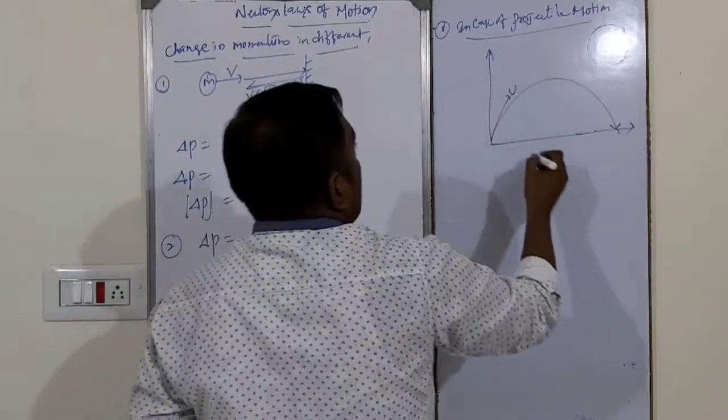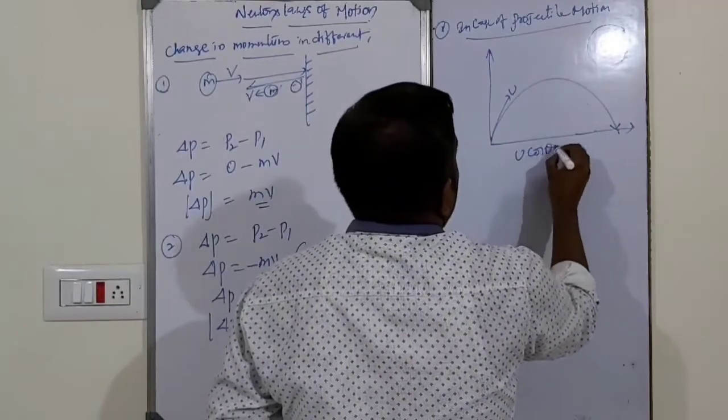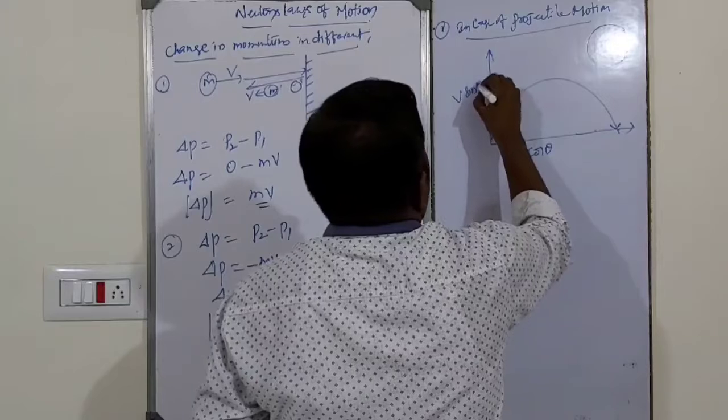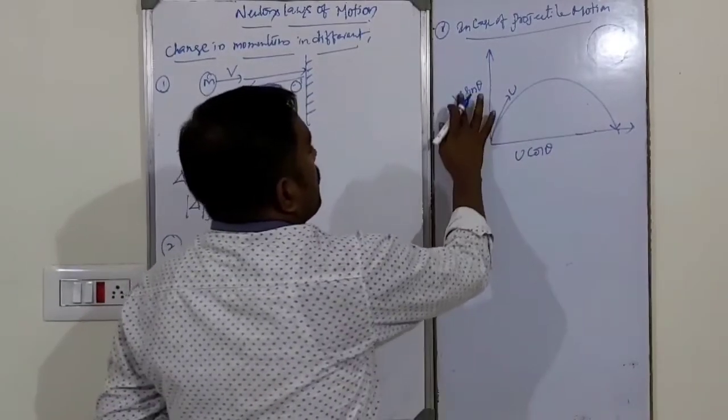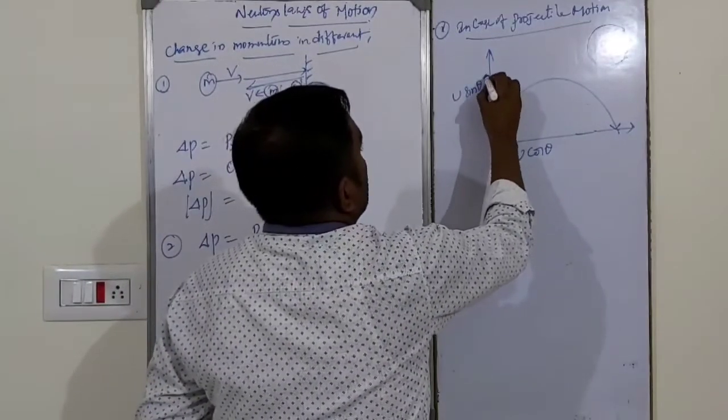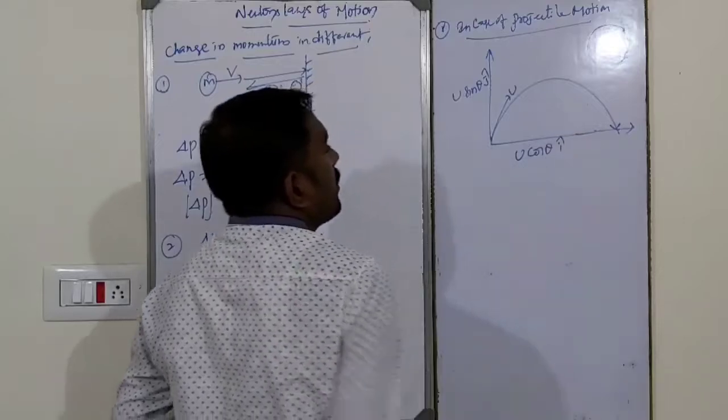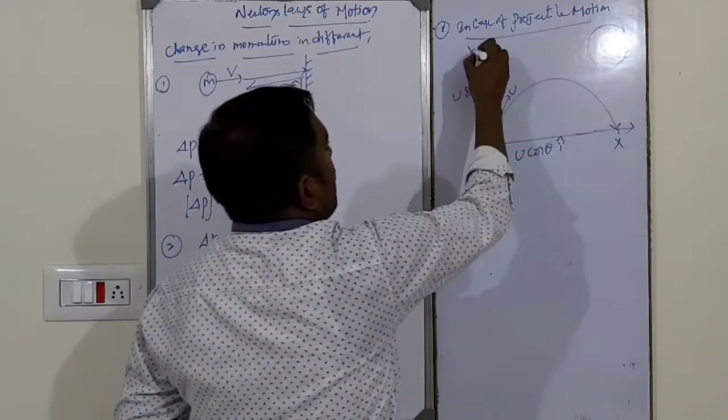The horizontal component is u cos theta i cap, and the vertical component is u sin theta j cap. This is the x axis, this is the y axis.